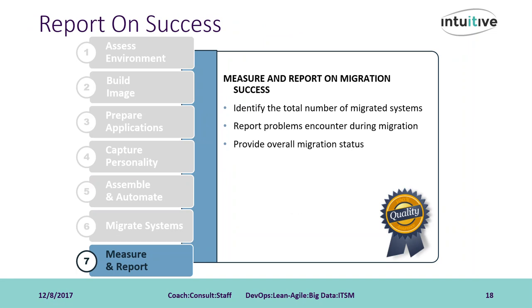Being able to identify the total number of migrated systems based on a migration schedule is essential, with details like end user, department, type of migration, if the system was being replaced, etc. The planned migration and the actual migration date are also helpful in determining if our project is trending close to the initial project estimates. Any unforeseen problems need to be reported immediately during the migration.